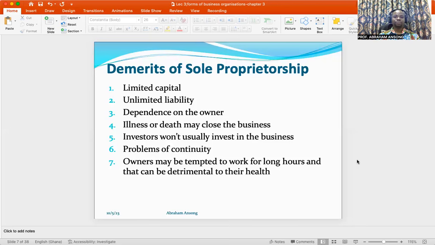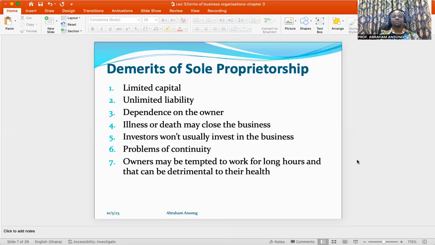Point 3, there is overdependence on the owner. And the subsequent points help me explain that. So illness or death may close the business. The entire business is dependent on the health and the knowledge and the abilities of the owner. So if the owner is sick, what it means is that the business is actually sick.